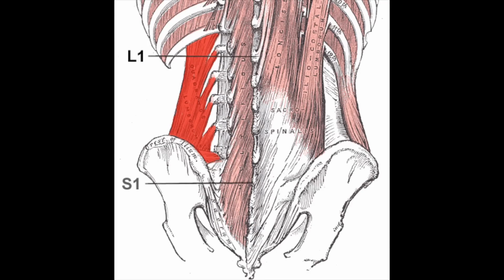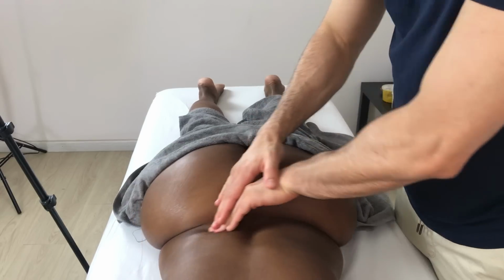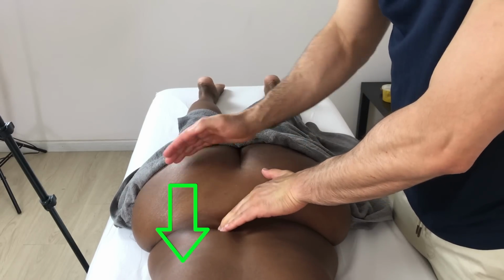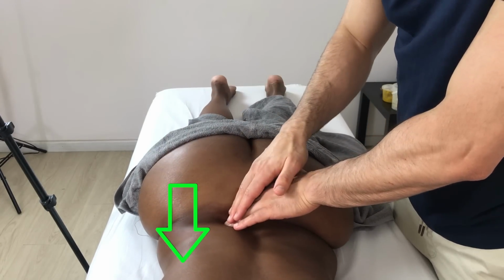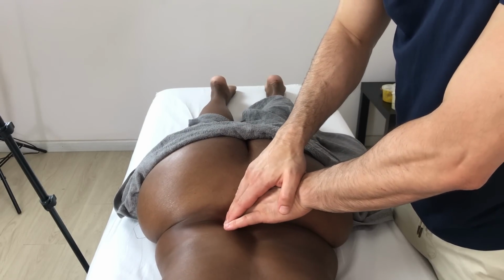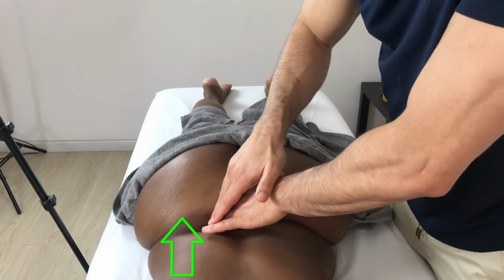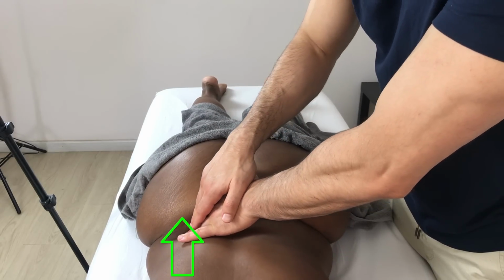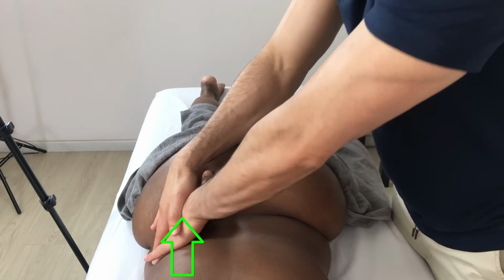The QL is the muscle we're going to work now. It's the most important muscle for what is related to back pain, as I told before. And we're going to work with an active engagement technique, working with isometric contraction and release.